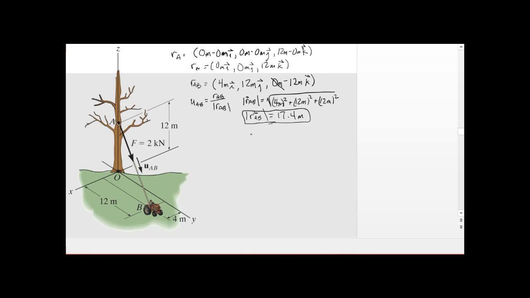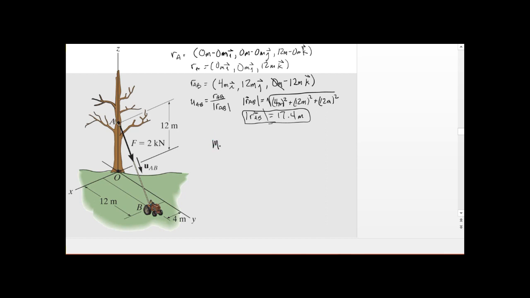All right, so now you'll have the unit vector calculated that way, and we can then go ahead and multiply everything out. So this is for the moment at O. So now we're going to calculate the moment.